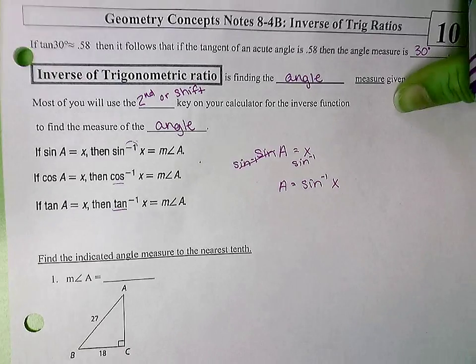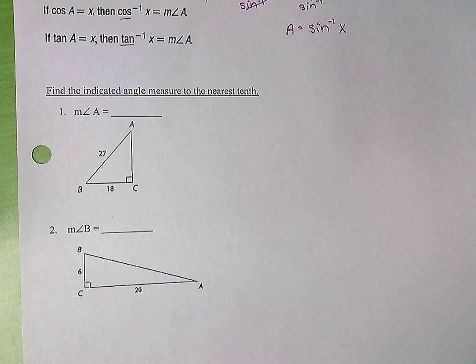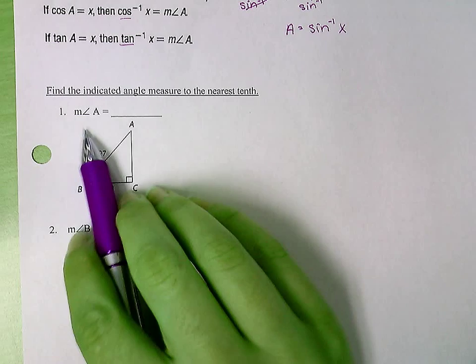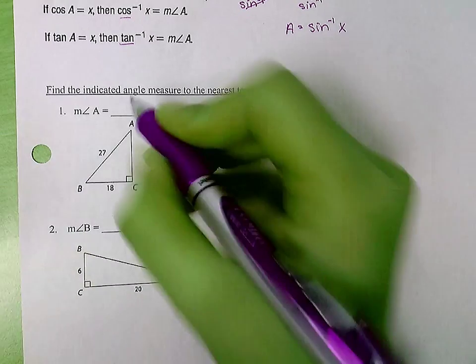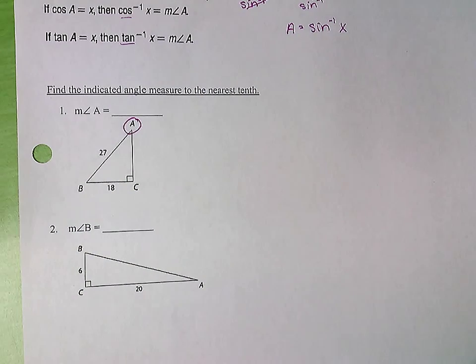So, going through an example, we want to find the indicated angle measure to the nearest tenth. Here we want to find angle A, so I'm going to circle angle A. That's my variable, that's what I'm looking for. Just like before, you go from your angle and decide which sides you have.